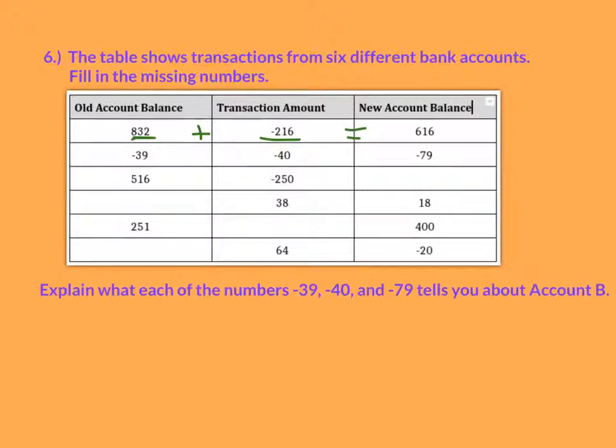Now remember these are 6 different bank accounts, and I'm going to label these A, B, C, D, E, and F, just to make my life that much easier. Okay, and then next one, I've got negative 39 plus negative 40, of course, gives me negative 79.